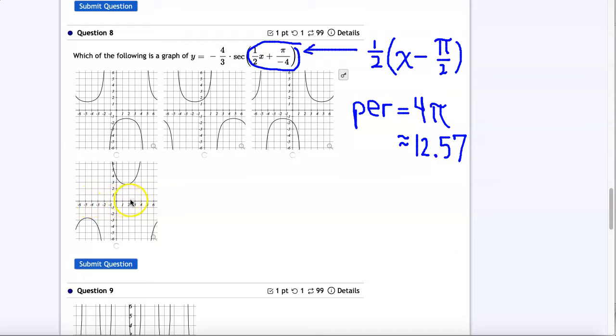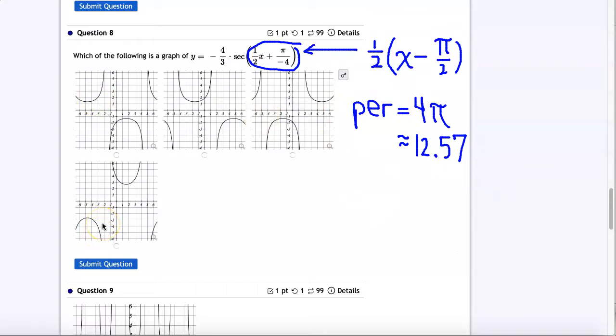But that is half of a period, so we would want to double that to figure out the whole period. So that could possibly be correct. Over here also, we have about 7-ish. Here also, and here also, which means that every single one of these has an identical period that matches this. So we can't figure out the answer just by paying attention to the period alone. All 4 graphs satisfy the period condition.